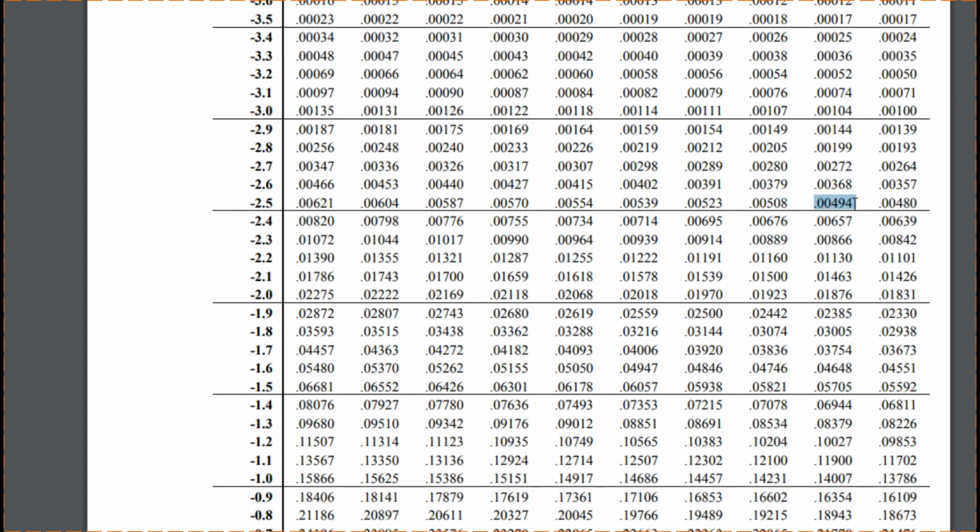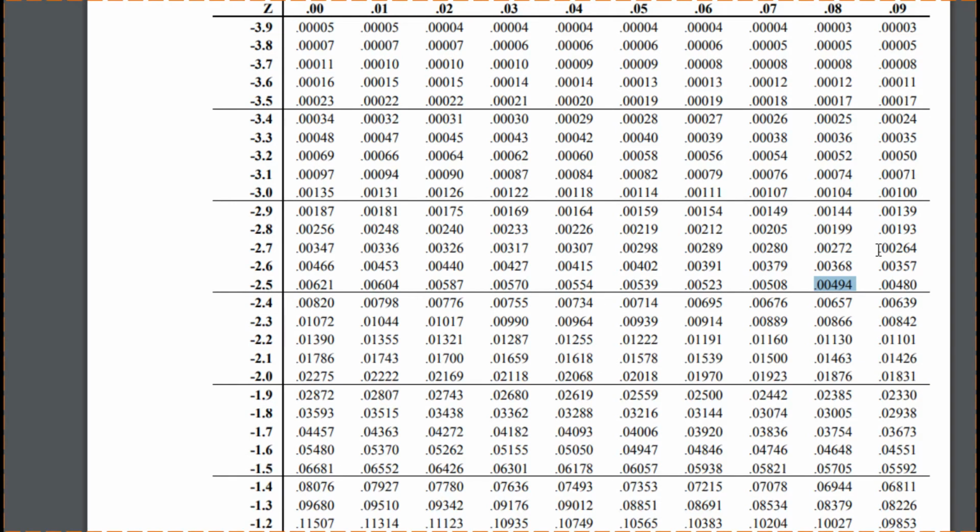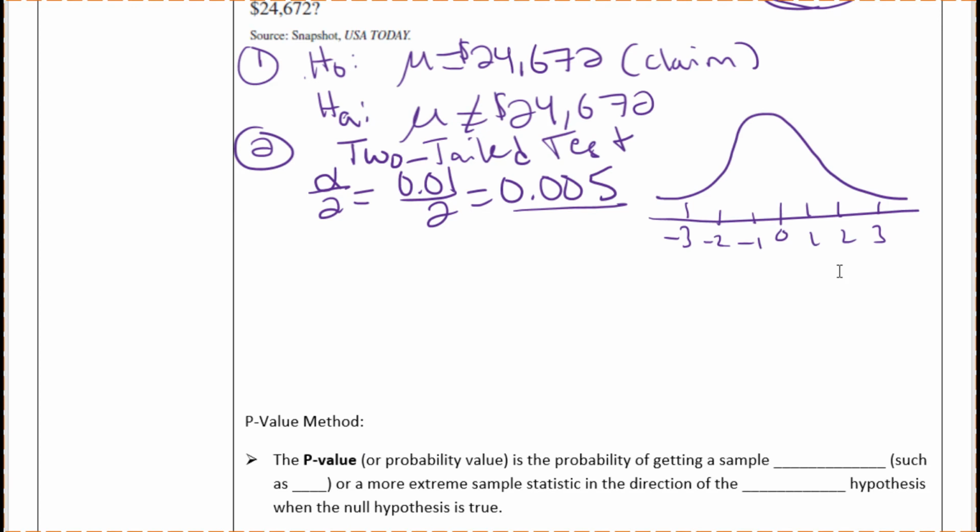So this looks like the closest that we'll get. That's a value of 2.58. That's the value that we're going to be using, and it was negative. So we got a z-crit of negative 2.58.